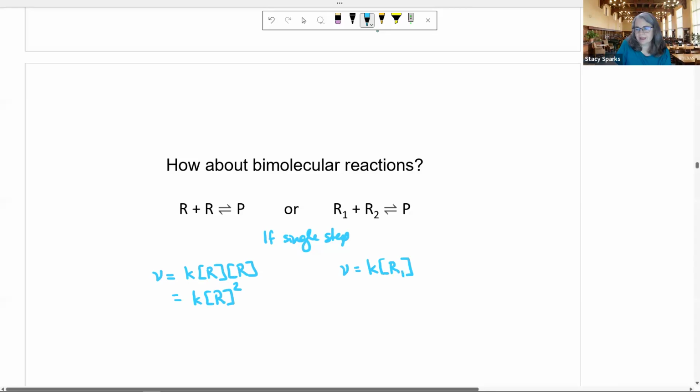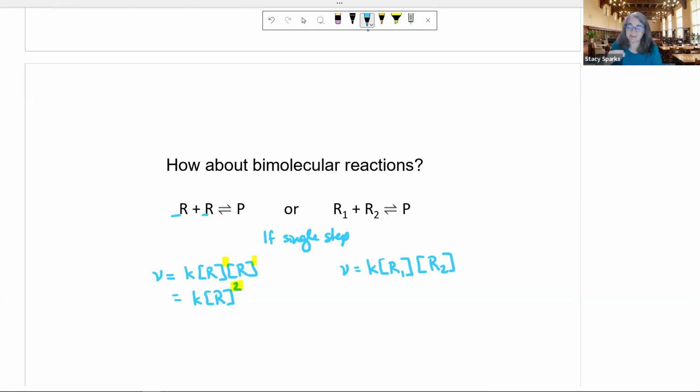We'd have one reactant to the first power, the second reactant to the first power. So it would be first order in reactant 1, first order in reactant 2, and second order overall. We sum those up. We can figure out these exponents. Okay, so the exponents here, these are understood ones. We can figure those out from the coefficients in the equation if it is a single step. So in a reaction mechanism, each step is a single step, so we can figure those out.